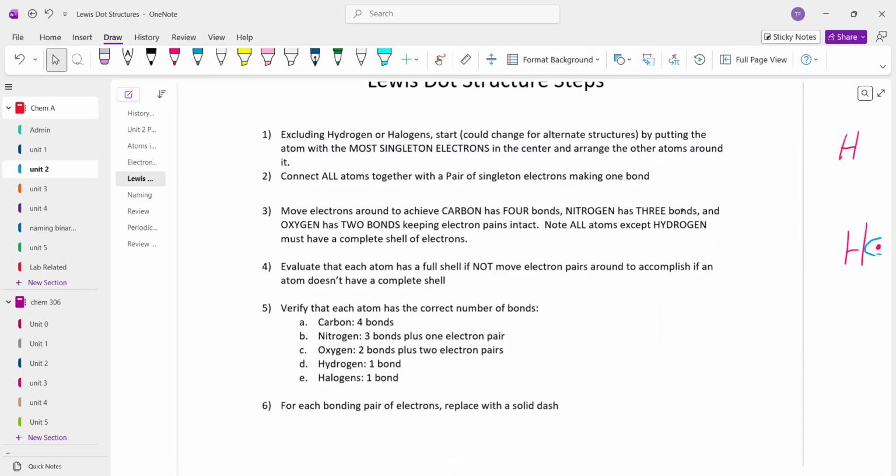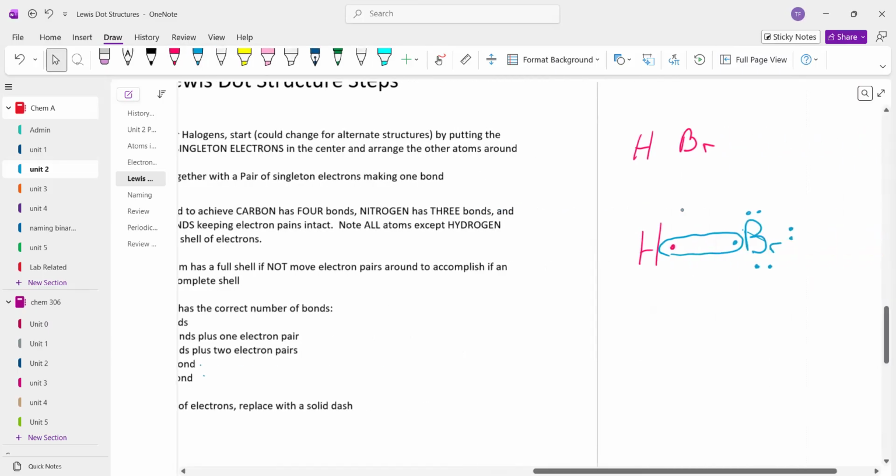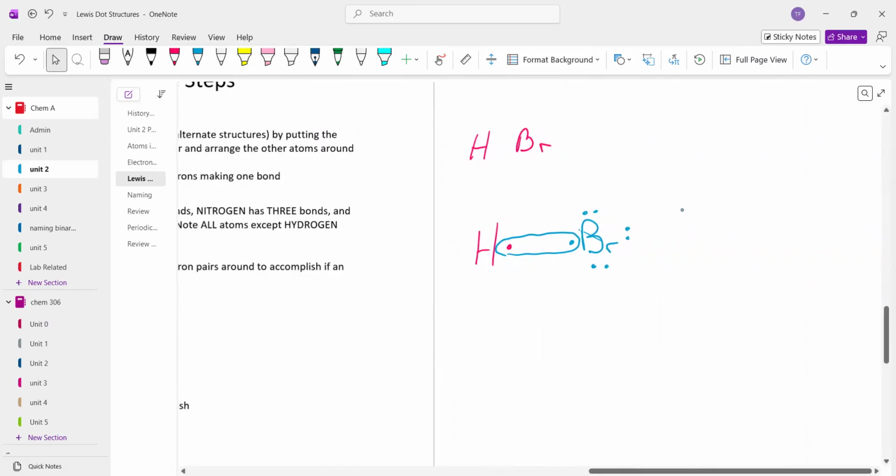So if the atom had 4 singletons, 4 bonds. 3 singletons, 3 bonds, etc. Okay, so we have a halogen and a hydrogen. Each of those wants 1 bond. Okay, so here we have bromide. It's got 1 bond. Hydrogen's got 1 bond. So this is a legitimate Lewis dot structure, or legal.